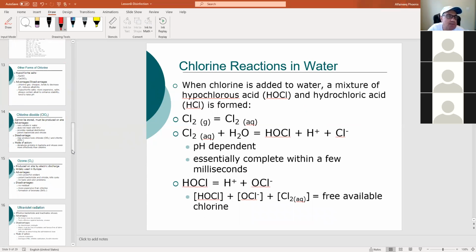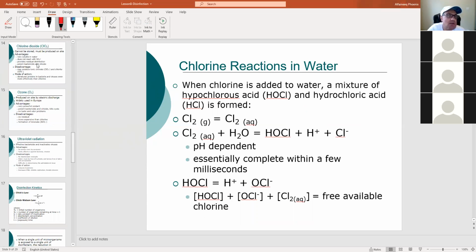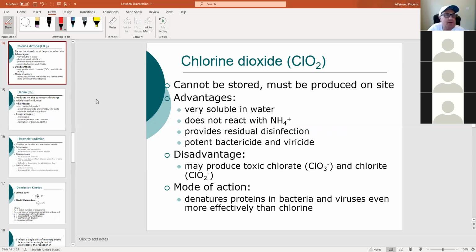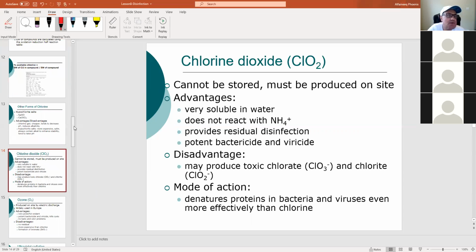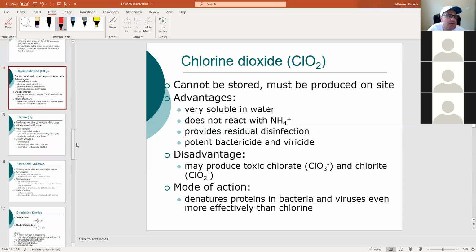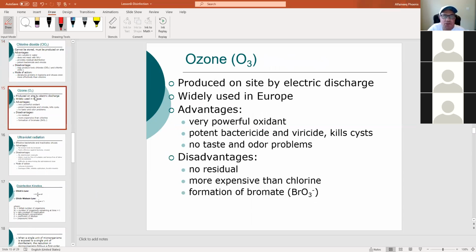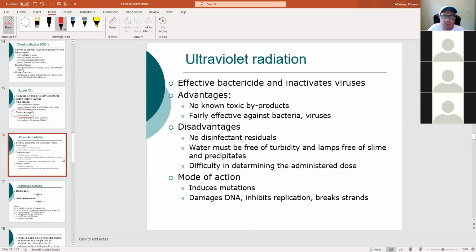So this is the biggest advantage of chlorine: residuals also stay there. These guys don't have residuals. See, disadvantage for ozone. UV, same thing, disadvantage. No residual.